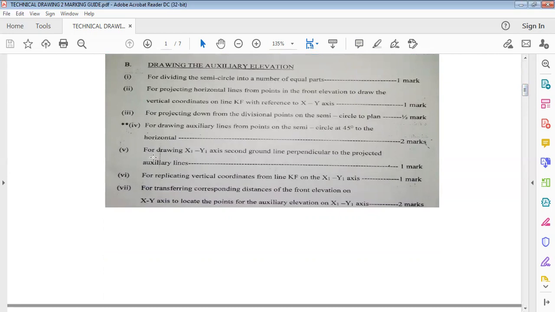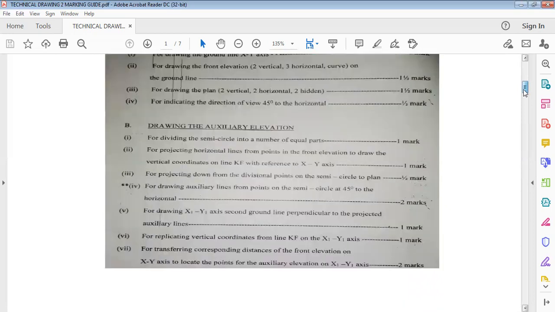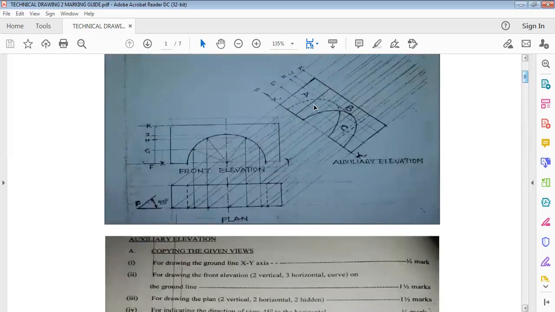Roman figure 5 says that for drawing the X1, Y1 axis, the second ground line perpendicular to the projected auxiliary lines, you have 1 mark. So where is the X1, Y1 axis as the ground line? This is the line. This is X1, this is Y1.